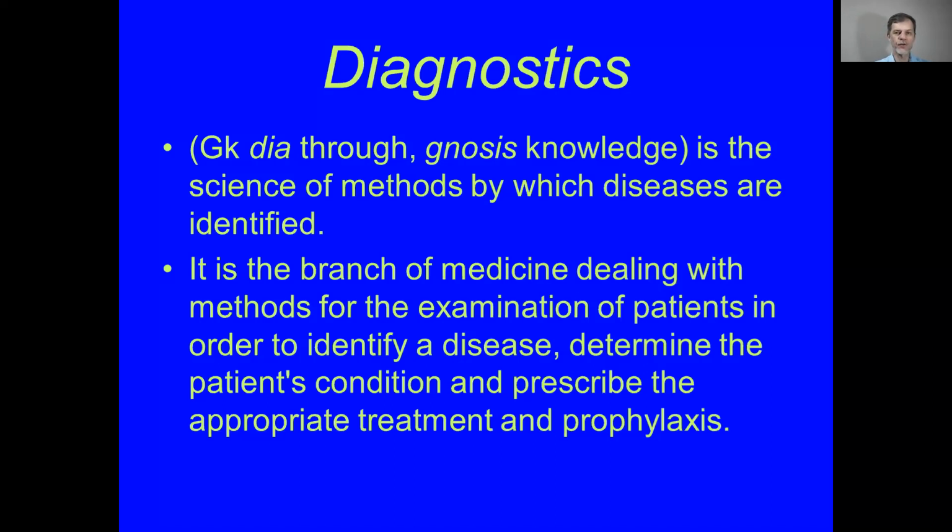It's the branch of medicine dealing with methods of examination of patients in order to identify disease, determine the patient's condition, and prescribe the appropriate treatment and prophylaxis. To find a diagnosis just means that you should name the disease, understand what has happened. You should name the disease: this patient suffers from COVID-19, and this patient suffers from flu, for example.